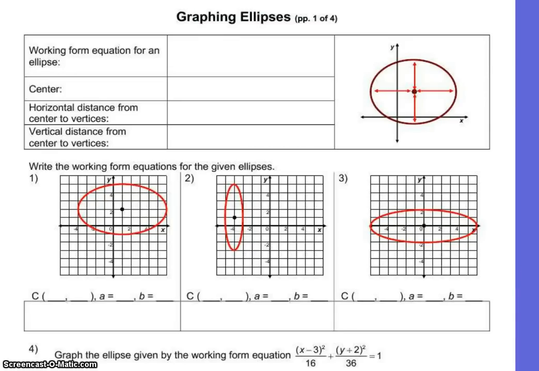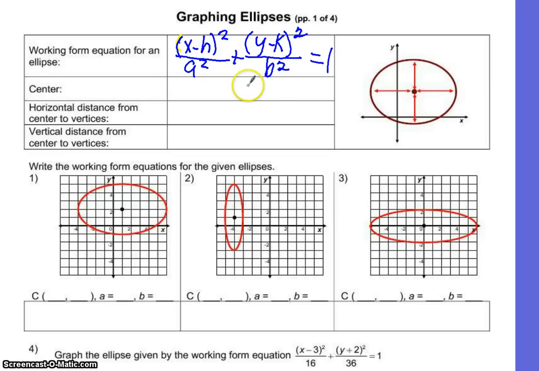So the working form equation for an ellipse is going to be (x minus h) squared divided by a squared plus (y minus k) squared divided by b squared, and that's going to equal 1.